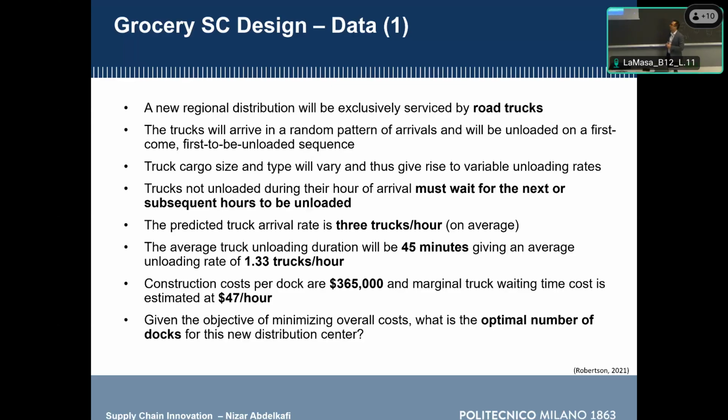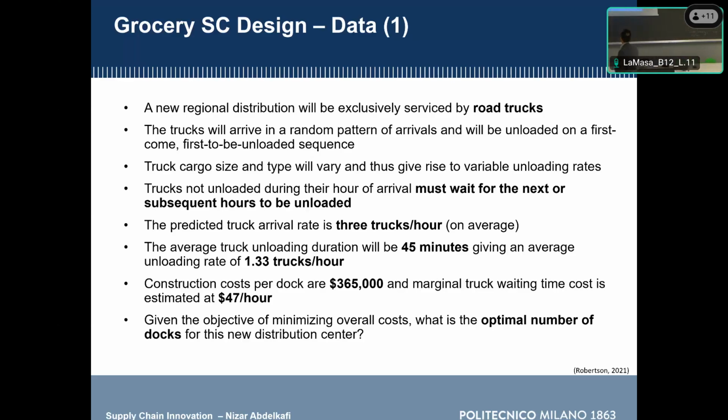And we have the cost of a delay, of waiting time. If a truck is waiting 1 hour, we have to pay that truck $47 for having waited. It's totally fair. You have a truck coming from a shipper that is just waiting and you don't serve it, so there will be penalties.